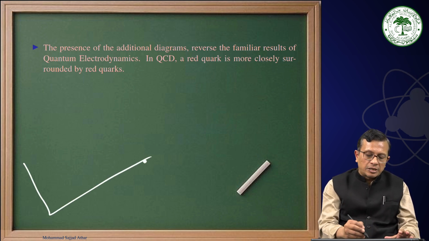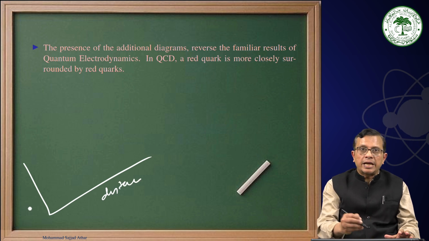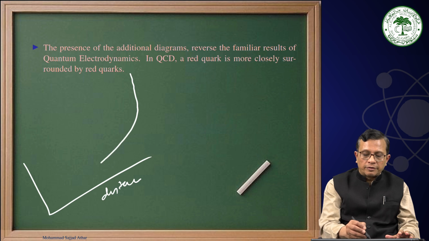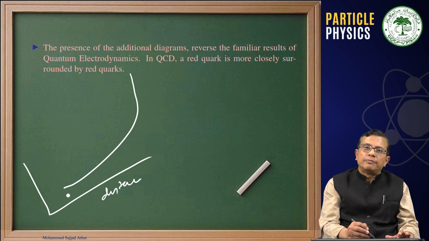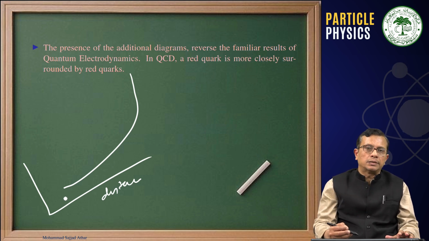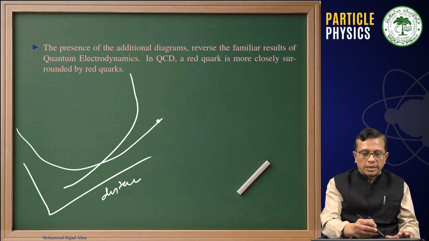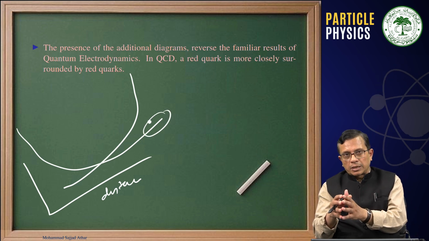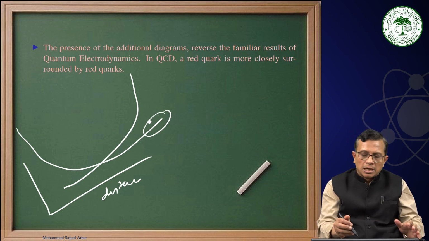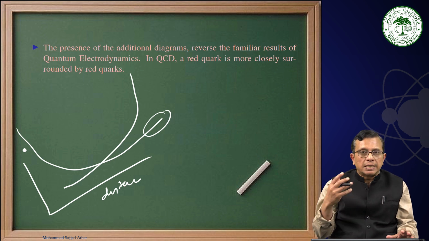If we talk about the distance and the charge like in the previous case, then at larger distance we are observing more charge, and as we get closer, we see a charge of reduced strength, while in quantum electrodynamics it is the other way around: at a larger distance we see a screened charge, less charge, and when we move closer, penetrating the positron cloud, we see the actual charge.